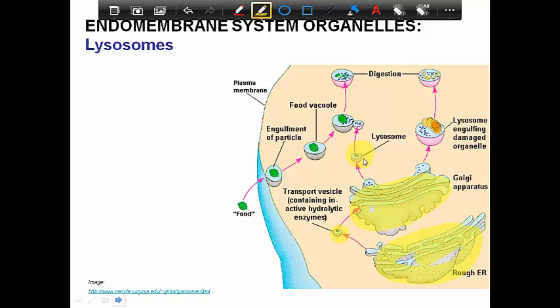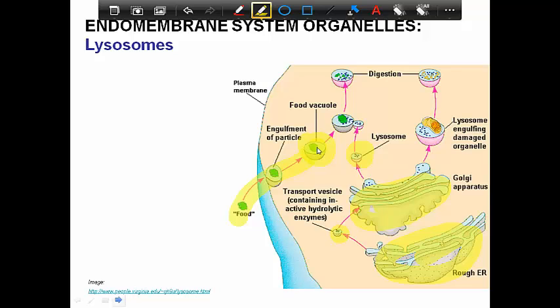We have here a food vacuole that's come in from the cell. You can see its path right here. Food comes into the cell, but now the cell needs to use that food. It needs to break it down. We're not talking about food like a chunk of chicken here.